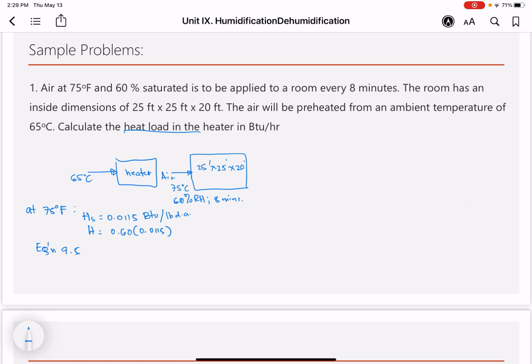which is your CS, what's our equation 9.5 now? We are to get your humid heat.